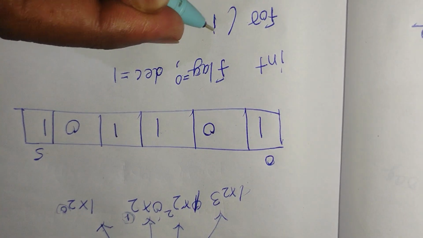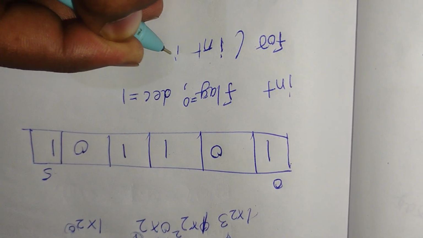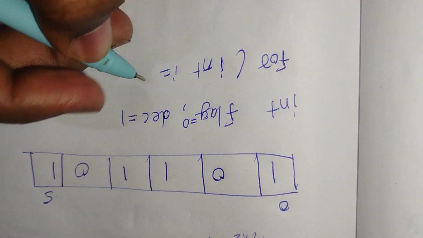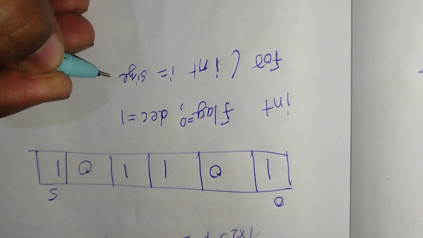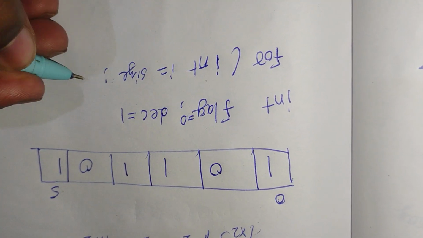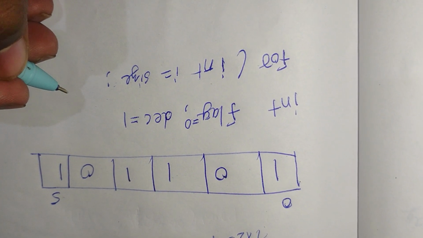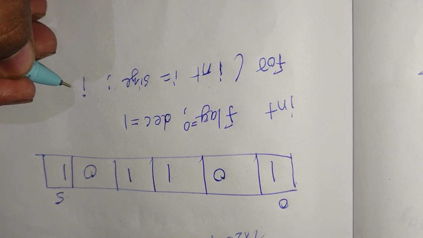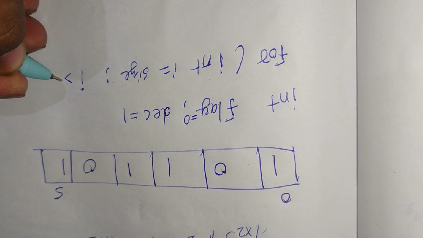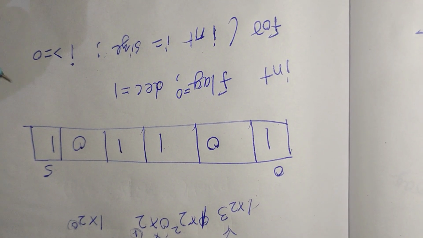How can we write this? We write int i is equal to size, semicolon, i greater than or equal to 0, up to 0.